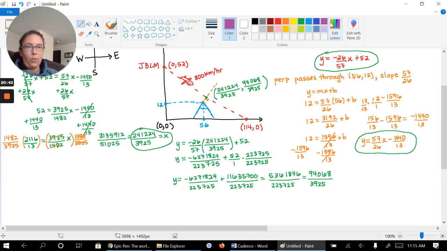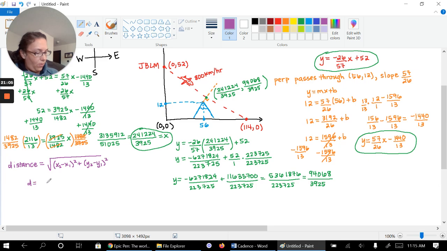So let's go with purple to find that. So first we have to know the distance formula. So distance between 2 points on a graph is equal to the square root of the difference of the x's squared plus the difference of the y's squared.